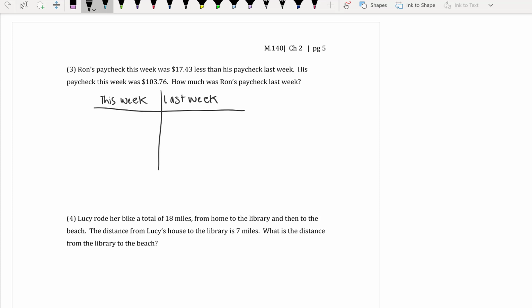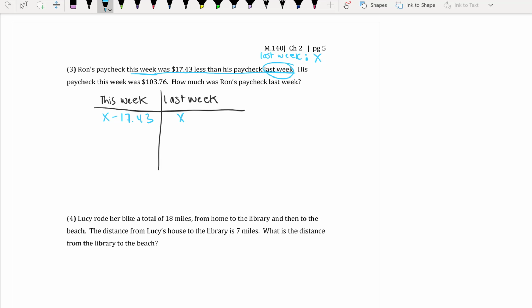So it says Ron's paycheck this week, so we are here in this week, was $17.43 less than his paycheck last week. So last week we had a paycheck, and I don't know how much it is, so let's call it X. But this week the paycheck was $17.43 less than that value that I had last week.